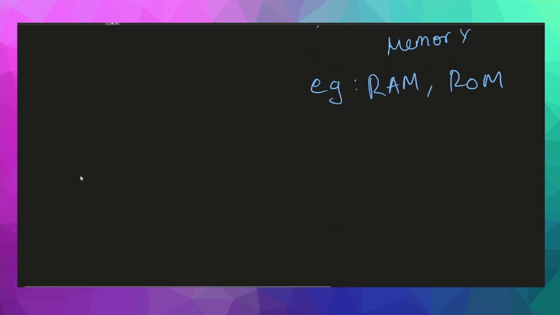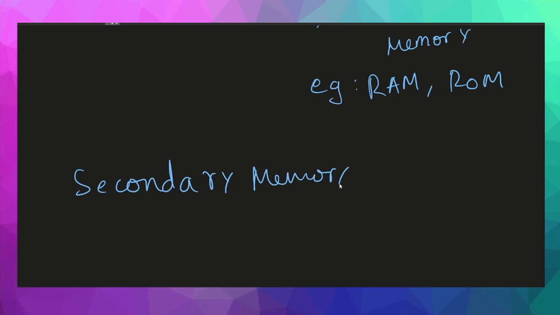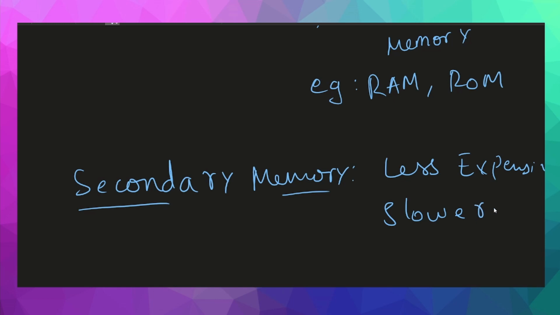Then let's go to the differentiation for secondary memory. It is less expensive, obviously. Then it is slower. Less expensive, so obviously it'll be slower also, because that's how the world works. Then it is the auxiliary memory, and that one is primary memory.